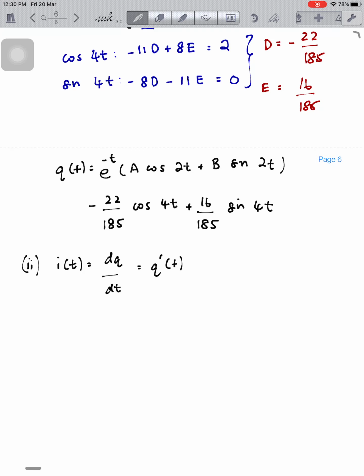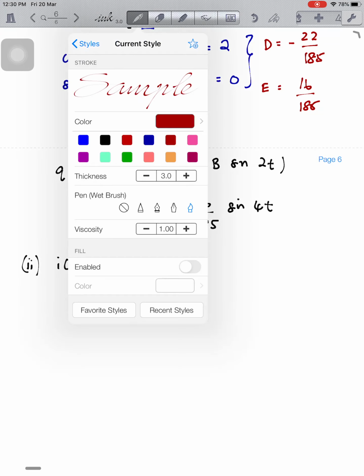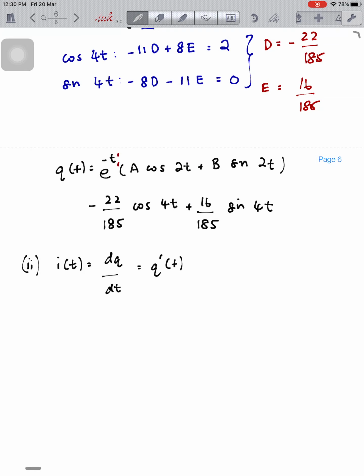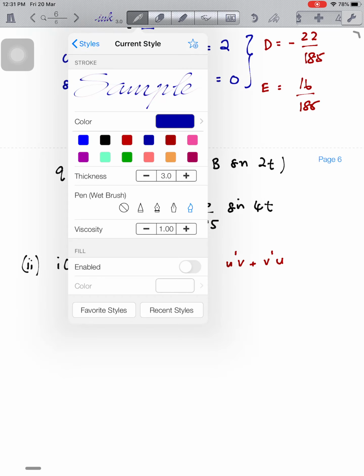We're going to differentiate each of the terms. Here we have a product of functions: an exponential multiplied by a trigonometric function. So I'm going to assume this part is u and this part is v, and use the product rule, u prime v plus v prime u. Now let's start finding I of t.